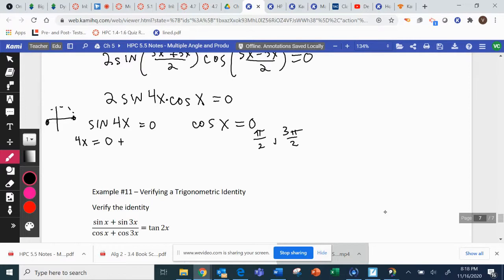And if I add pi, it gets to the other one. So plus pi n. I don't even need to put the second answer because if I add pi on to 0, it already gives me the second answer. Then I'm going to divide by 4. So x would be pi n over 4.